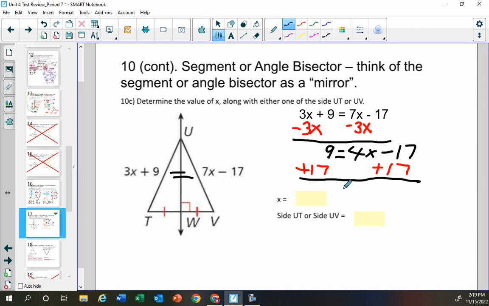Then you do 26 divided by 4. It's 26. Is that you, milady? Okay, you were right. So x is 6.5.